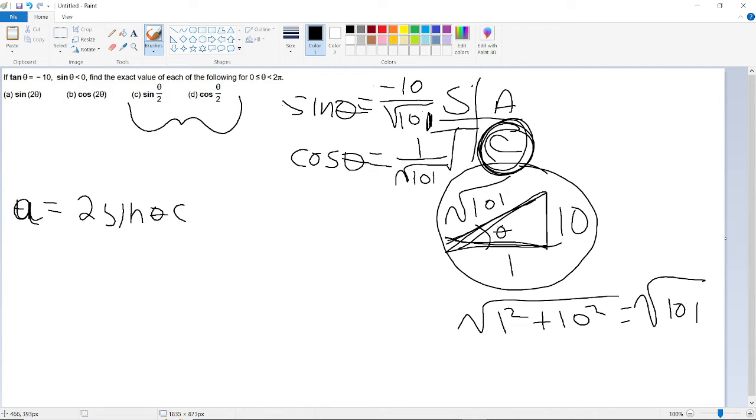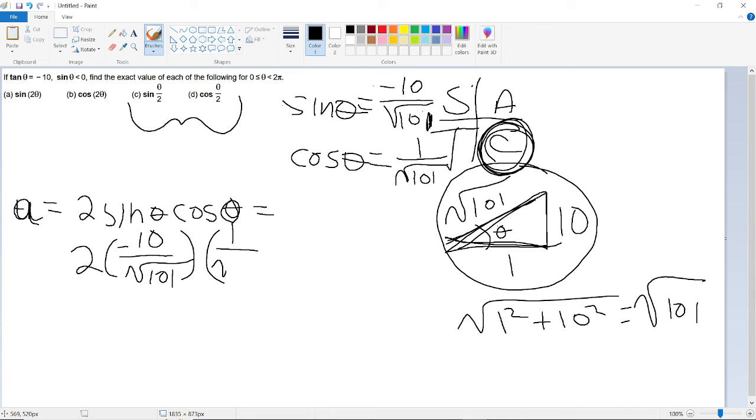So it's 2 times negative 10 over square root 101 times 1 over square root 101. That equals 2 times negative 10 times 1, which is negative 20. Square root of 101 times square root of 101 is 101. So the sine of 2 theta is negative 20 over 101.